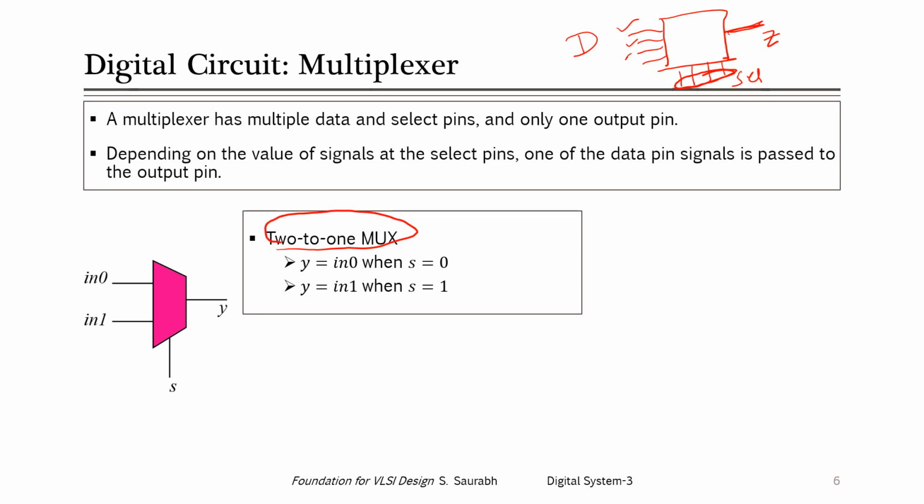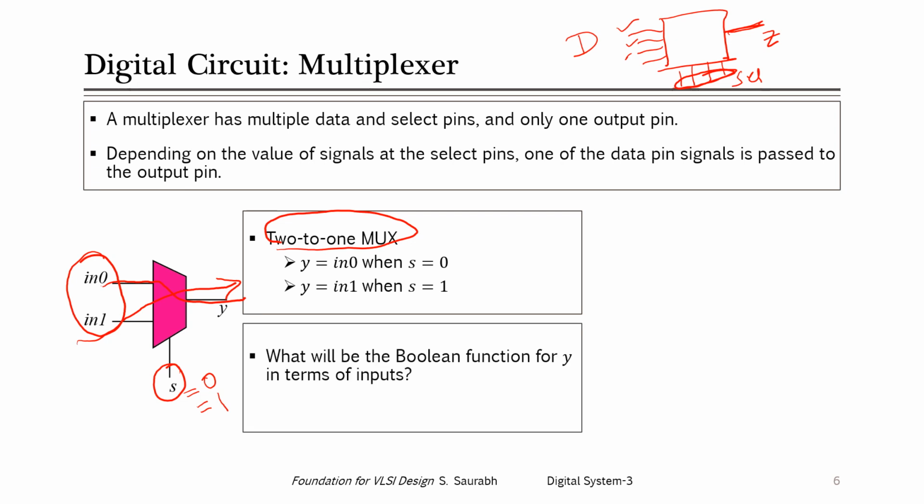In a 2 to 1 multiplexer, we have two input data lines, in0 and in1, and only one select line S. Whenever S takes the value 0, whatever the value at in0 is will pass to the output Y. And whenever S is equal to 1, whatever the value of in1 is will pass to Y. So the select line S is basically selecting which input will pass on to the output Y. This is the functionality of a 2 to 1 multiplexer.